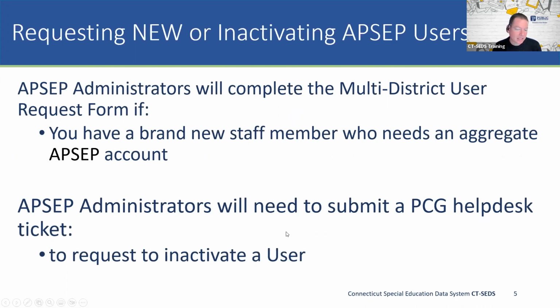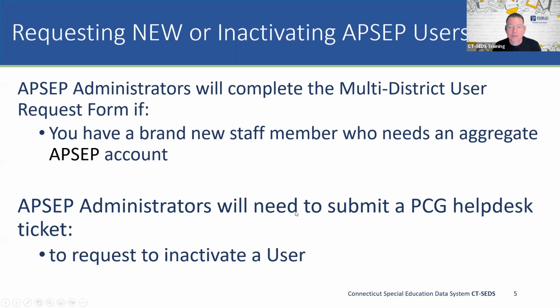But that would be for inactivating a user. Just tell us the user's name, what school they work at, and who you are, and we'll go ahead and inactivate that user. Similarly, if you need to reactivate that user, say I had somebody who we inactivated because they left, but now they're back, we can go in and pretty quickly reactivate them.